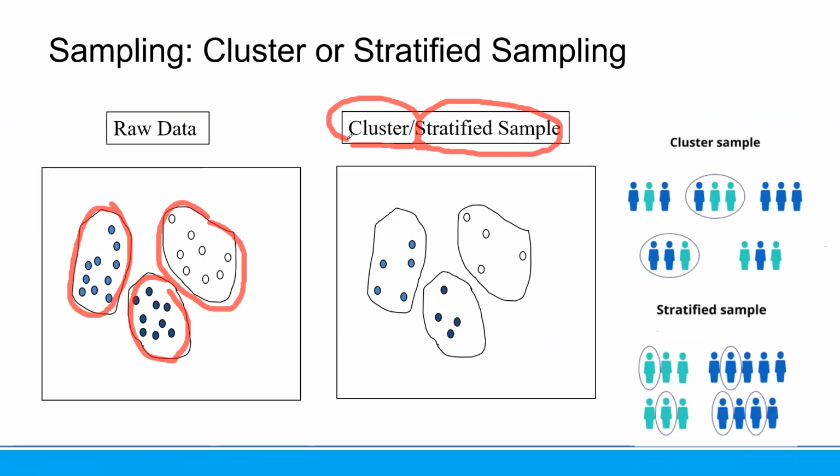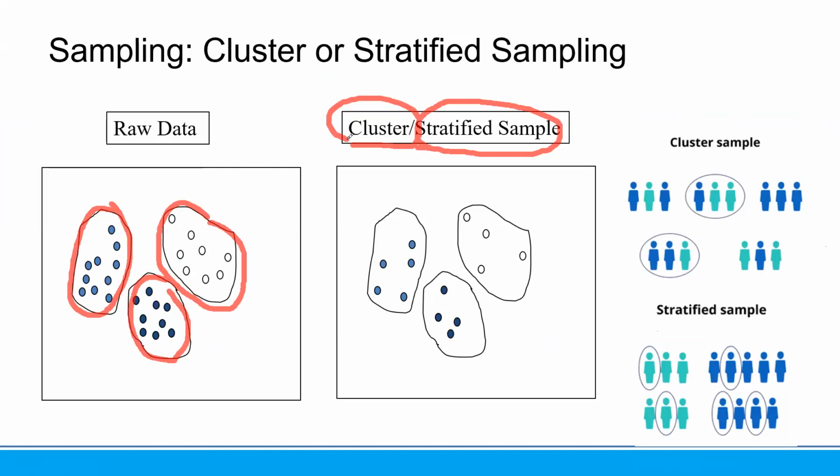Sometimes we call it the cluster sample, sometimes the stratified sample, but actually there is a little bit of difference. If we use the cluster sample, we can make 1, 2, 3, 4, 5, for example, 5 clusters or 5 groups. And then among the 5 groups, we just select 2. Maybe we have 3 clusters like this one, we want to select only 2, so we select 2.